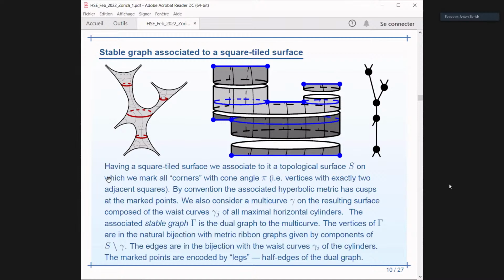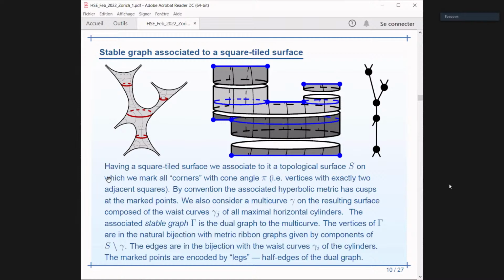So the answer is that for any hyperbolic metric, you can realize these 4 red curves as geodesics, or rather as a multi-geodesic. I asked a different question. I asked whether these geodesics will be horizontal. Oh, whether they would be?